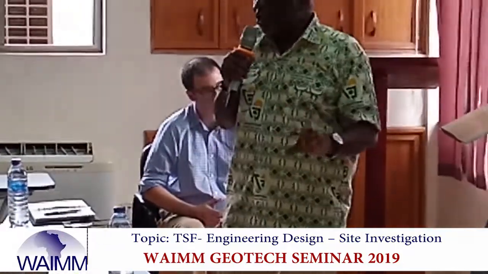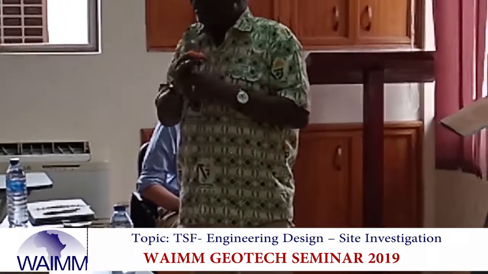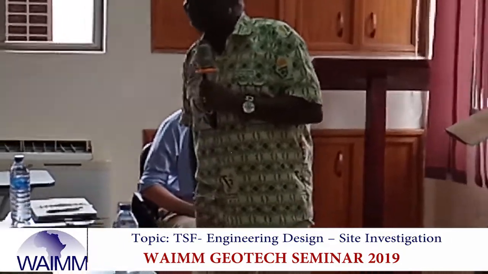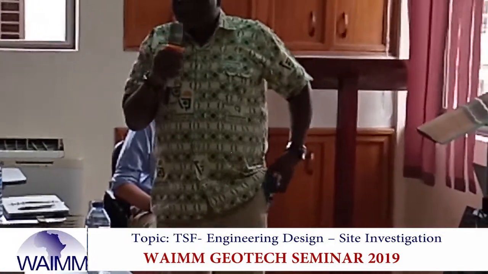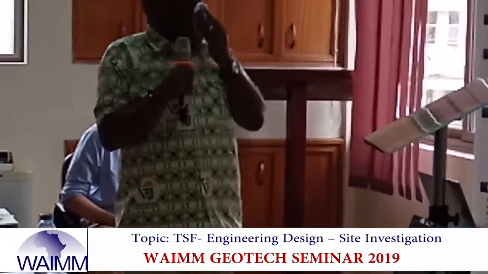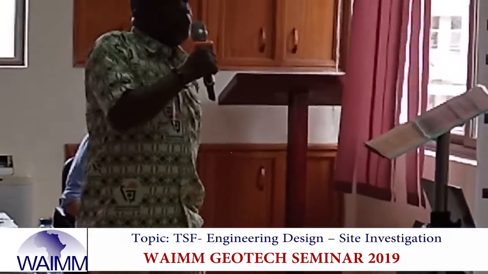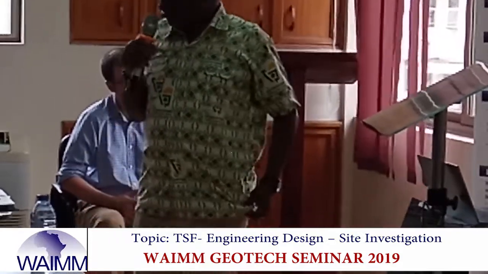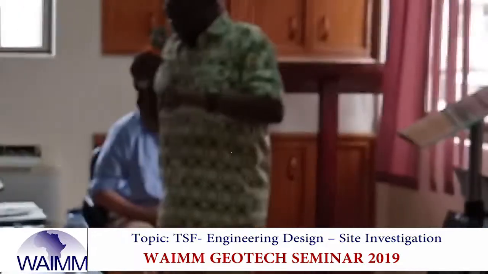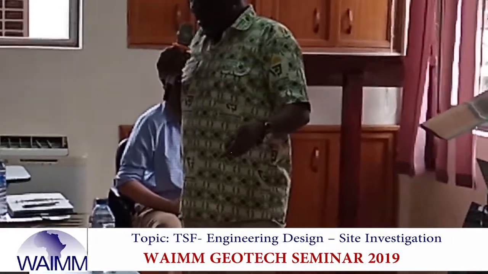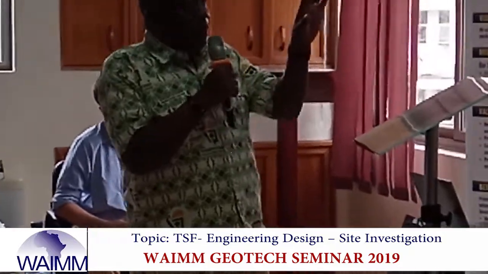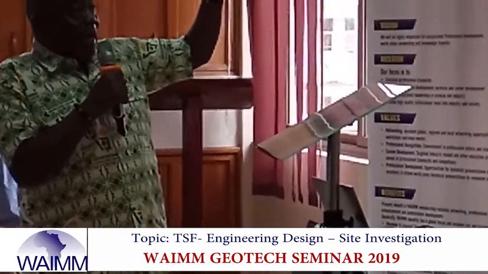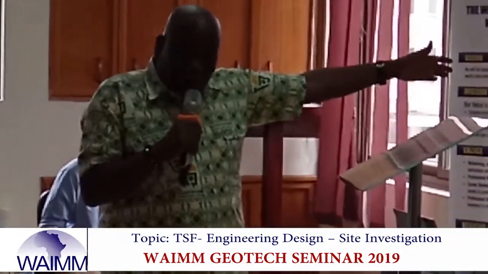And from this information, you will derive the maximum dry density and the optimum moisture content. And this information is very necessary for the construction, because when you start construction of your TSF, this information will inform the level of compaction that is done in the field. Are we together? Good.